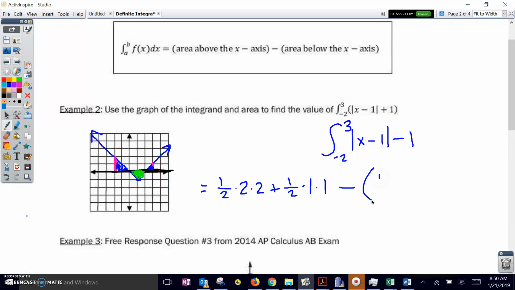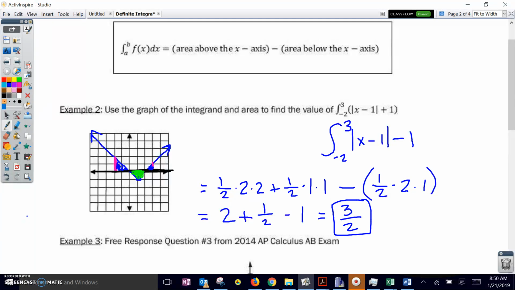And so we're going to subtract that away, the area, base of 2, height of 1. And when I do all these calculations, that's 2 plus 1/2 minus 1. We get that the value of this integral is going to be 3/2, or 1.5. And it's as simple as that. Find the area that's above the axis, subtract away the area that's below the axis. All right. On to example 3.